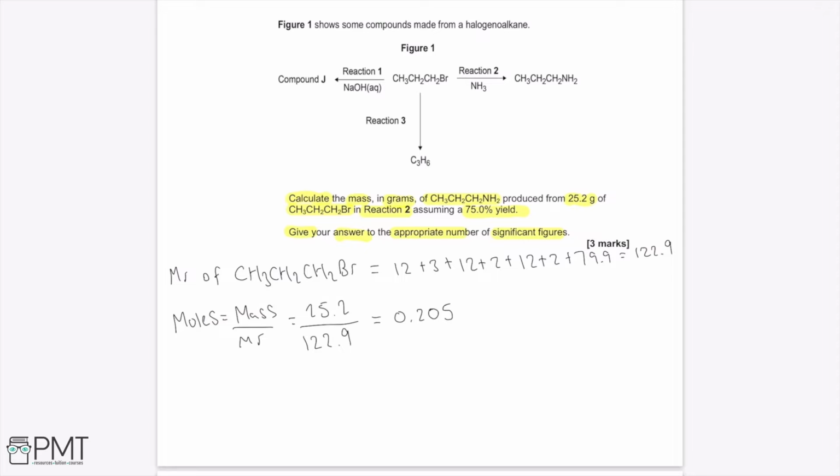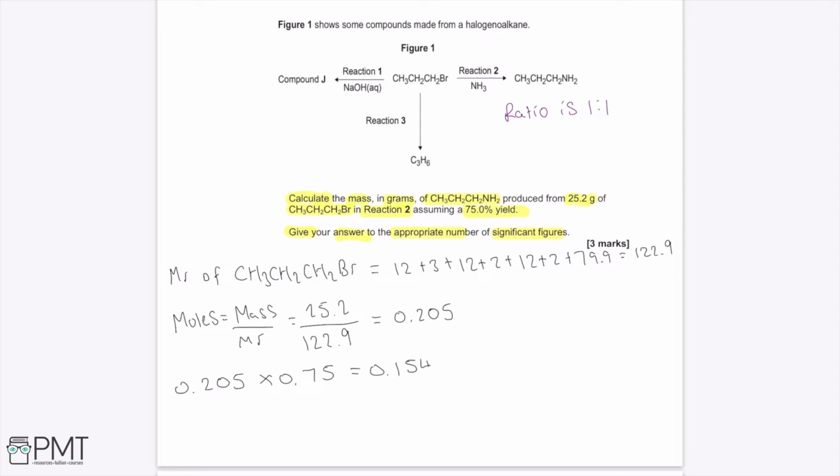Now the reaction actually occurs in a 1-to-1 ratio between the reactants and products, as we can see from figure 1, so we don't need to change anything in regards to molar ratios. However, we were told to assume 75% yield, so what we now need to do is multiply our 0.205 by 0.75, and this will get us a value of 0.154.